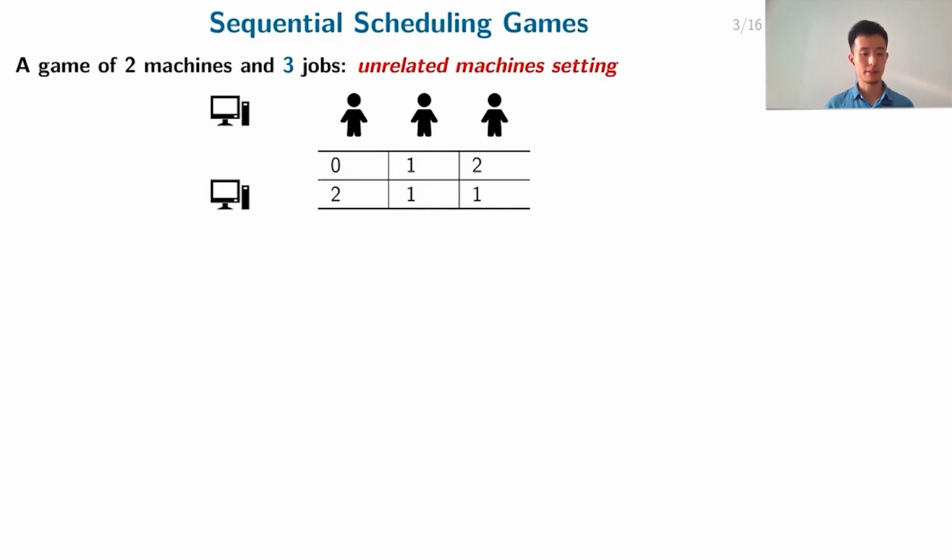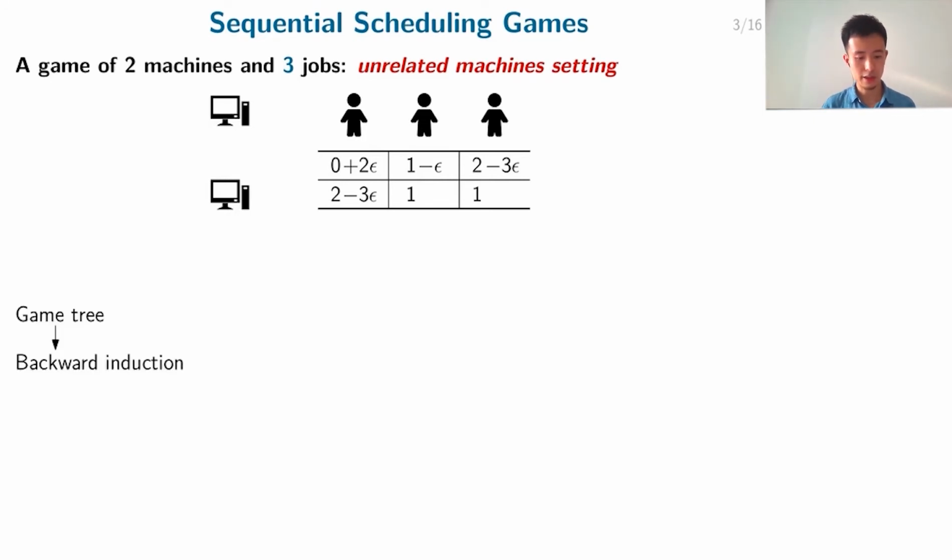In this third example, we show a more complex scheduling model called unrelated machines. In this model, each job has a different processing time on different machines. This example will show that it is more complex to calculate an equilibrium. To avoid breaking ties, we add some small values to the processing times.